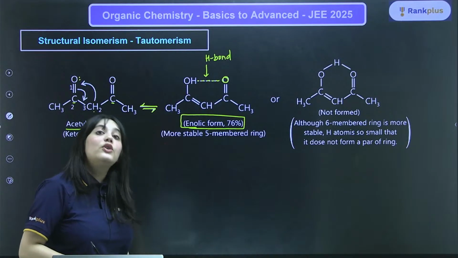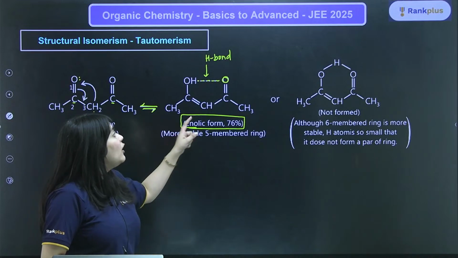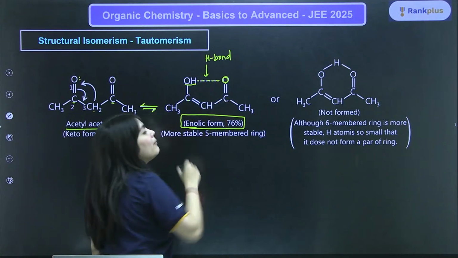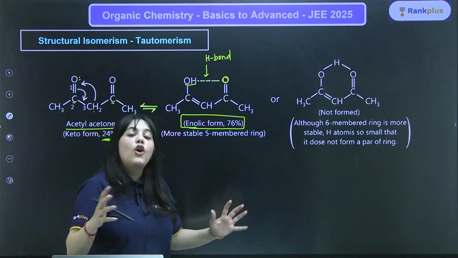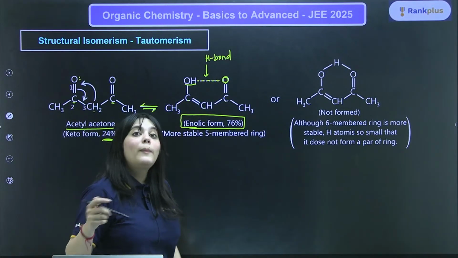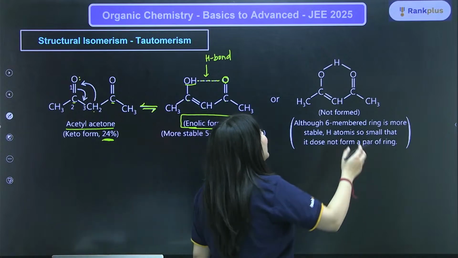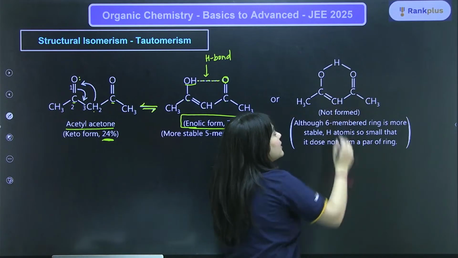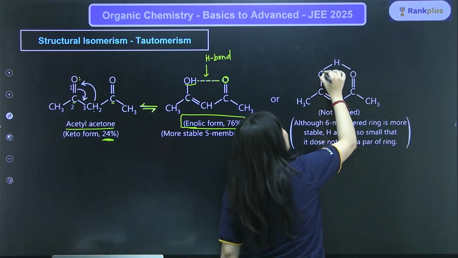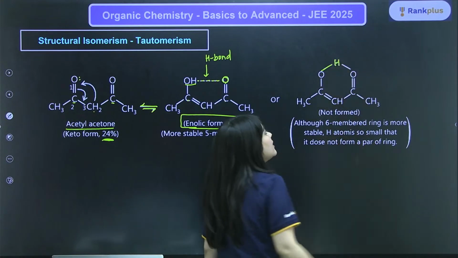Now you will also argue, ma'am, why are you forming only a 5-member ring? We can form a more stable 6-member ring like this: 1, 2, 3, 4, 5, 6. You can argue that. I can make this hydrogen over here form a 6-membered ring.